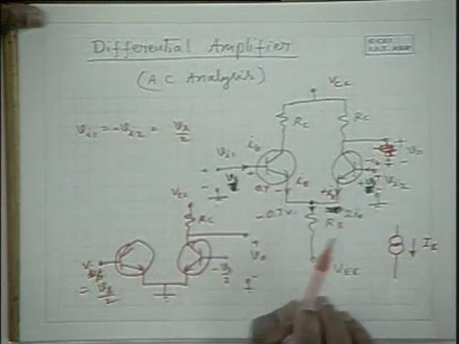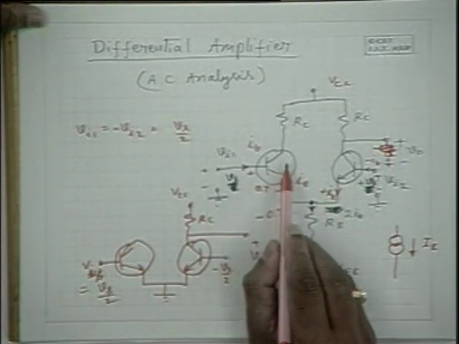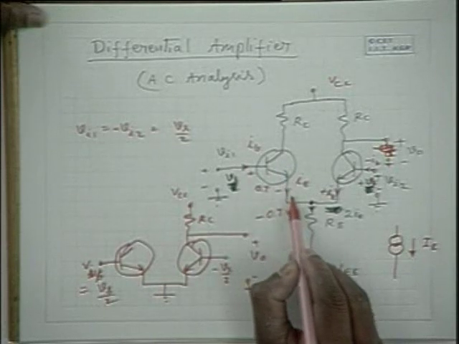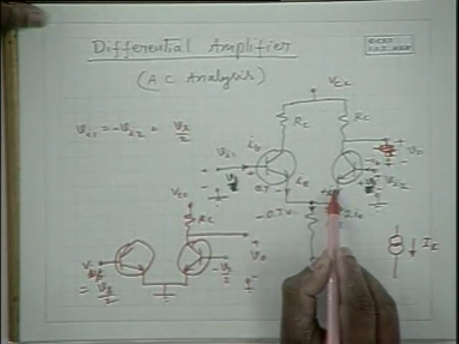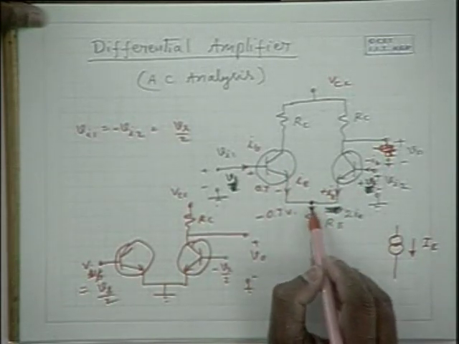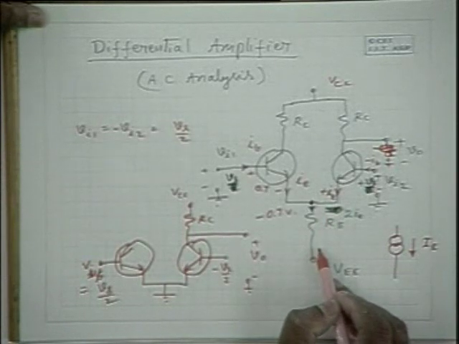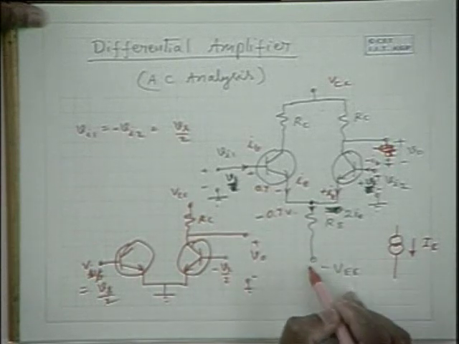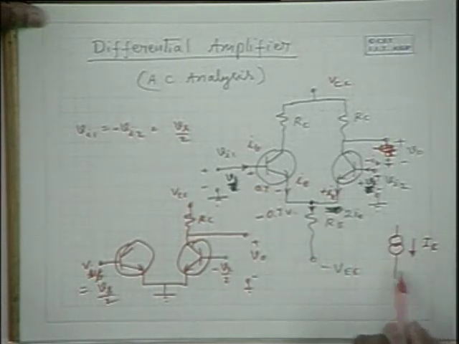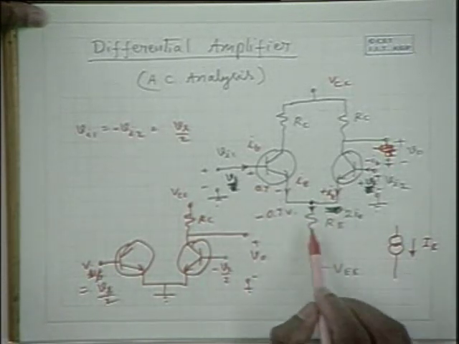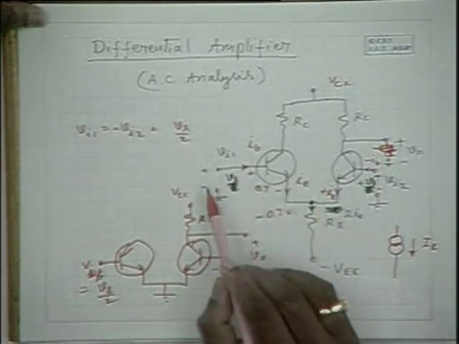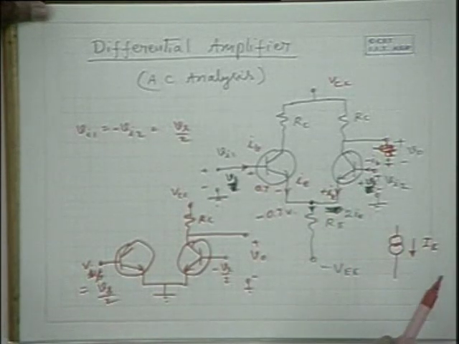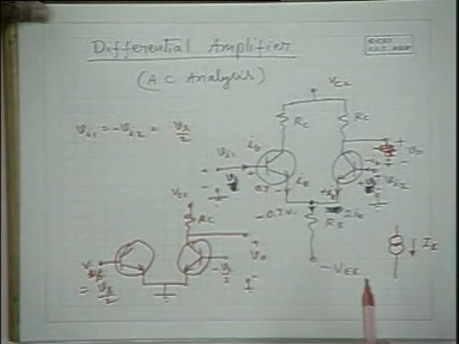Now, under differential signals, there would be an incremental alternating current here, and there will be a current with opposite sign here, and there is no change in the current flowing through this. The alternating signal is 0 actually. So, the instantaneous current does not change. Hence, there is no problem. By using a constant current source here, it does not affect the differential signal.